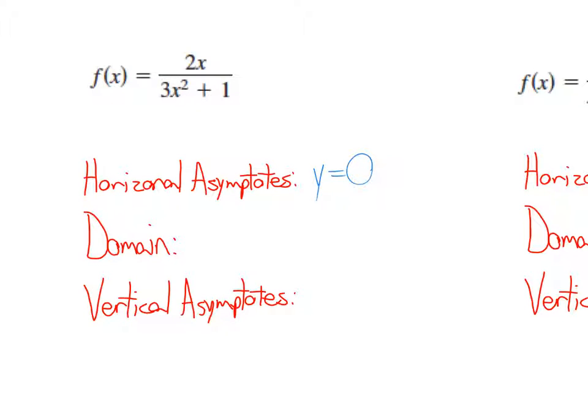Let's think about our domain. Notice here we have 3x squared plus 1 in our denominator. So the domain for this whole function is going to be all real numbers except for what would make our denominator 0. So what makes our denominator 0?